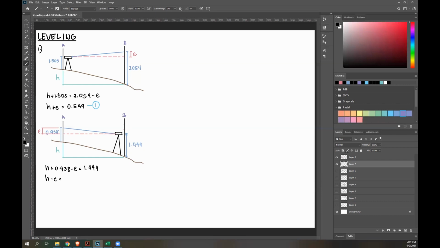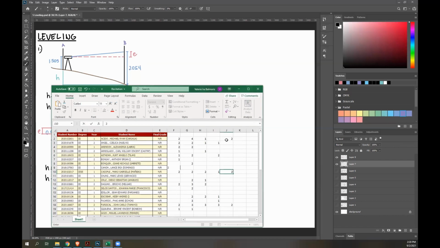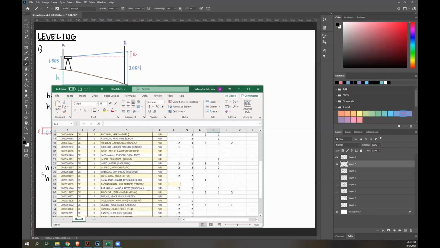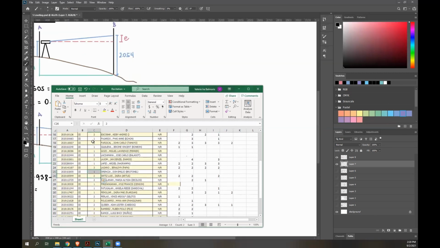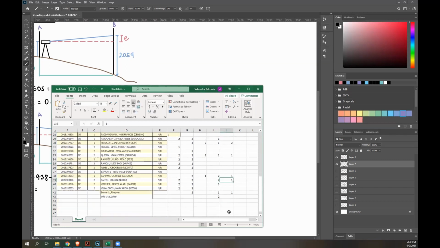Correct, Michael and KB. Escobar Asilo. Oh, and then Mark Villalobos raised his hand. Okay. 0.511.